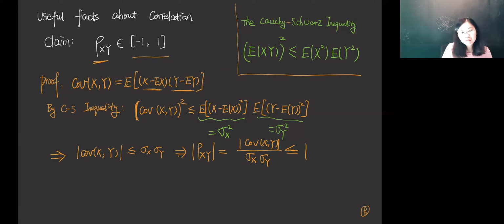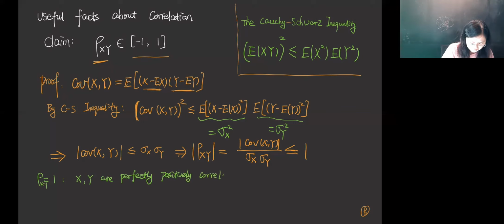Because it's bounded between -1 and 1, the correlation values -1 and 1 are quite special. If rho is 1, that means X and Y are perfectly positively correlated. If rho XY equals -1, they are perfectly negatively correlated.